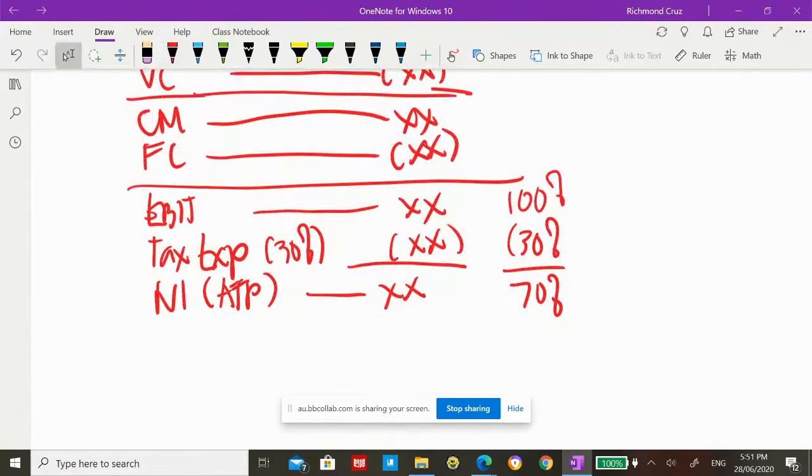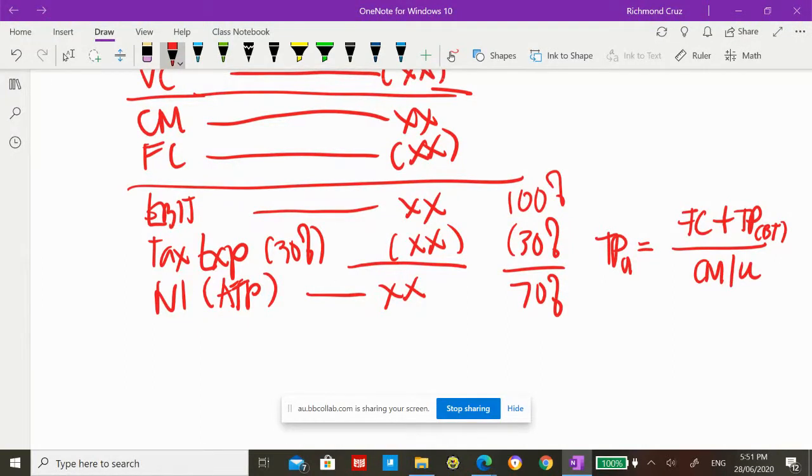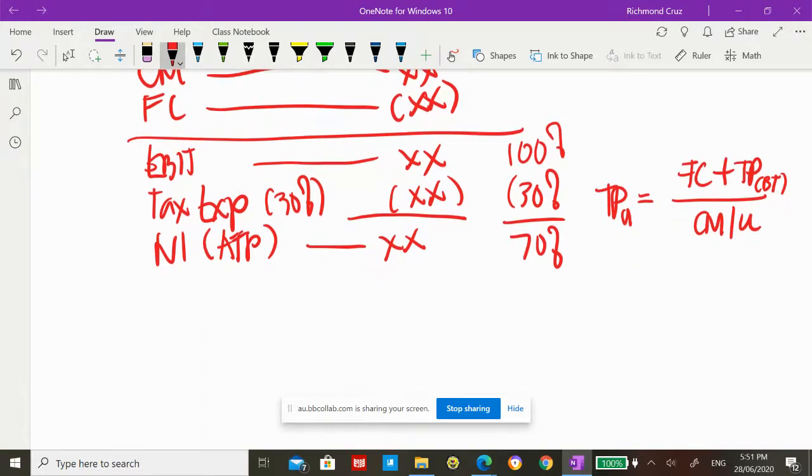So we can still use our earlier formula to compute the target profit in units: the fixed cost, add the target profit, but take note this is before tax, divided by the contribution margin per unit. Or if you like, if you're looking for target sales, use the CM percentage. The only thing is, we need to convert the target profit to before tax.